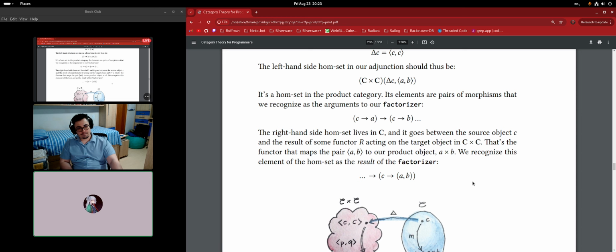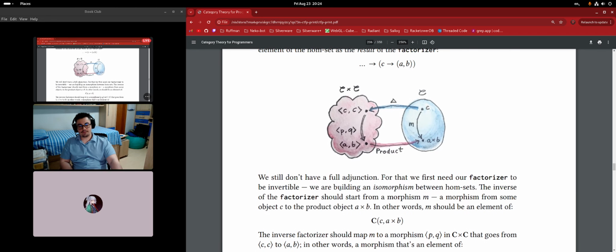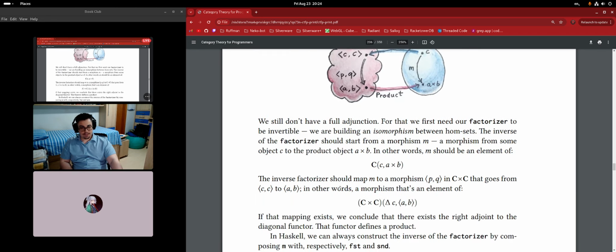It is M actually. M is not a home set. So I'm waiting for this notation. It's not here. It's written in English in here. And that's why I got confused.